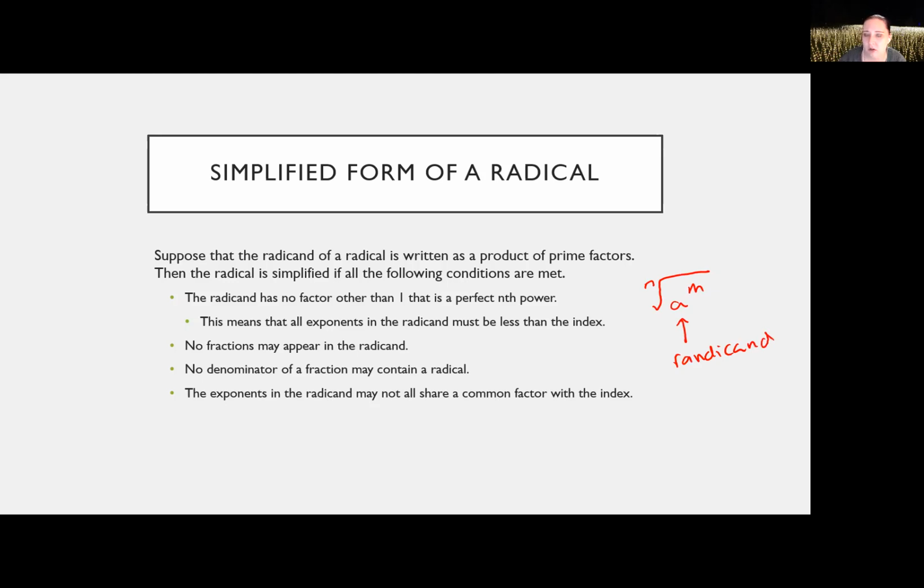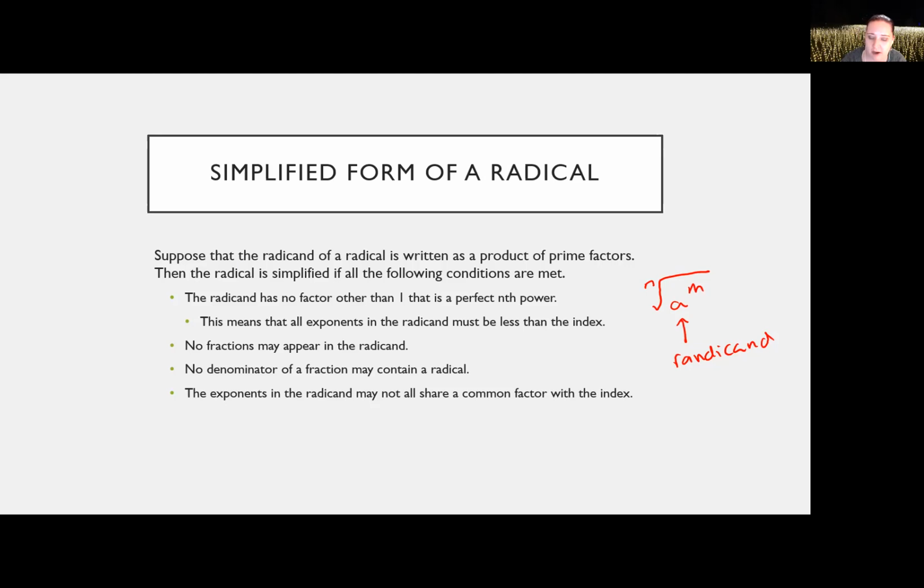It has no factor other than 1 that is a perfect nth power. That means there is no exponent that is n, because you can just cancel them out if there is. So the exponents on the inside are just smaller than the index on the outside. You don't want to have any fractions inside there.